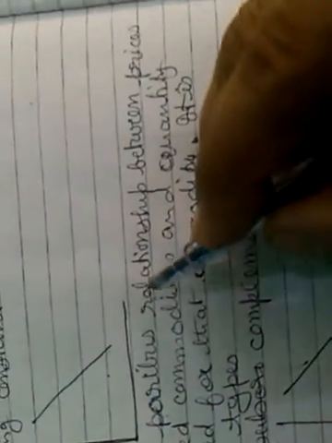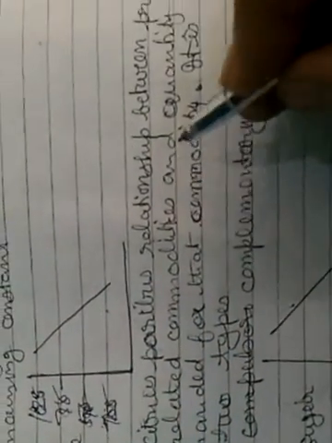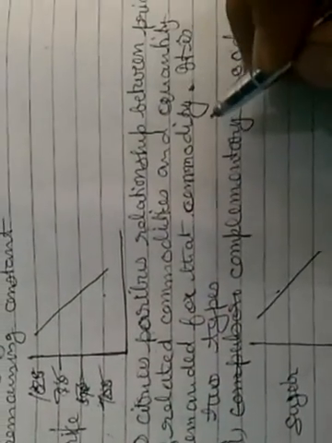Now this word is ceteris paribus. Ceteris paribus means that the relationship between the price of a related commodity and the quantity demanded for that commodity. It is of two types.